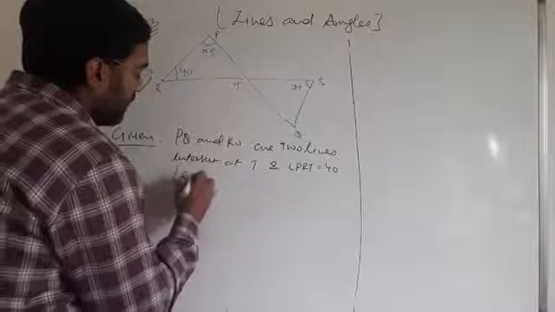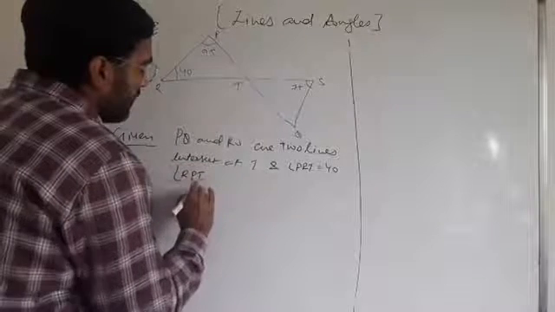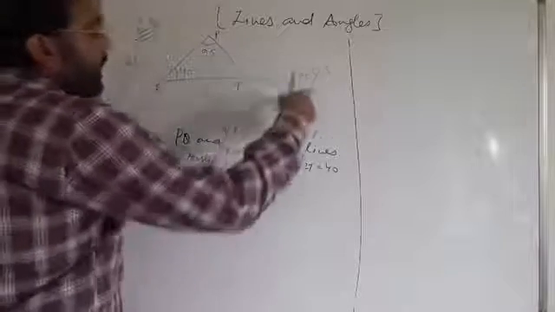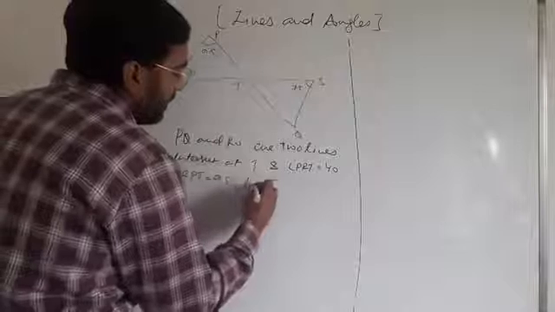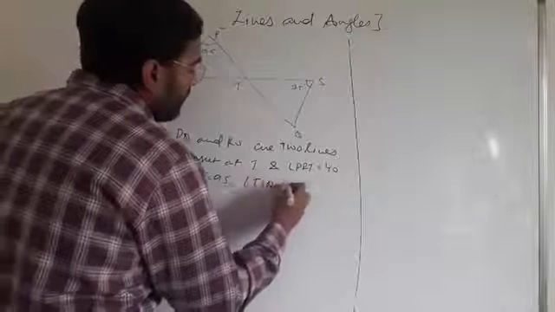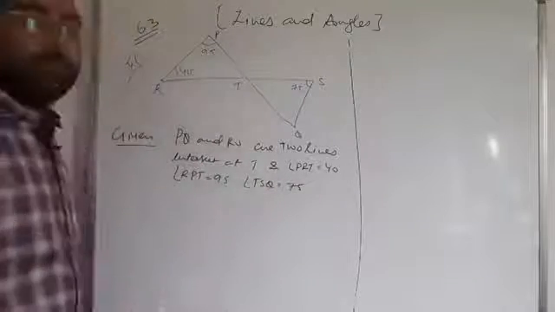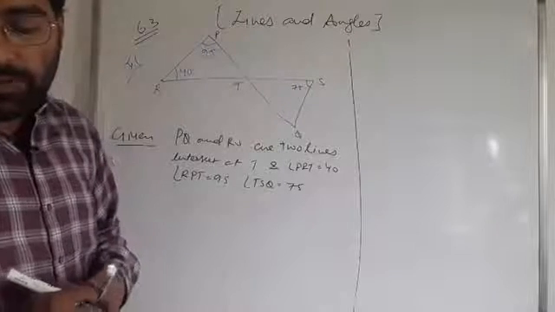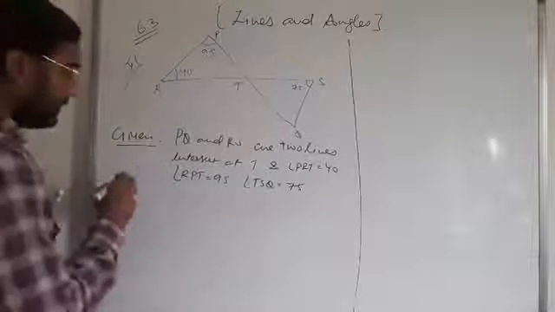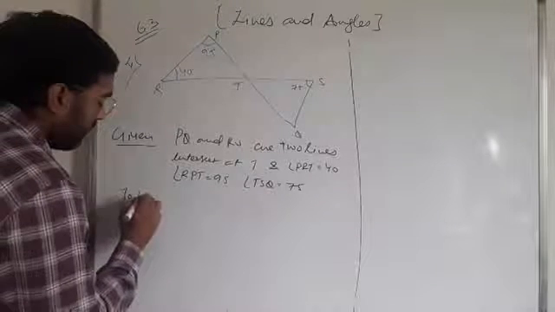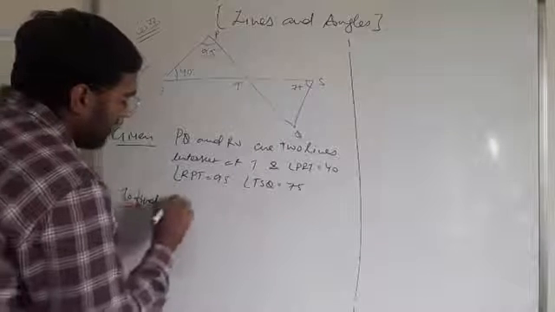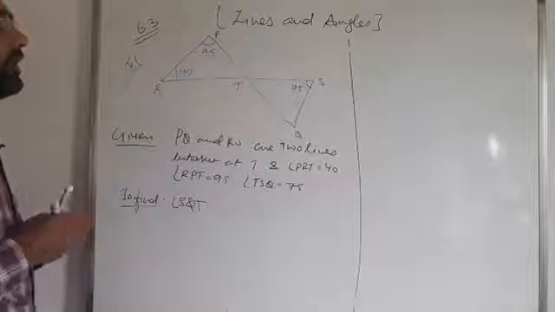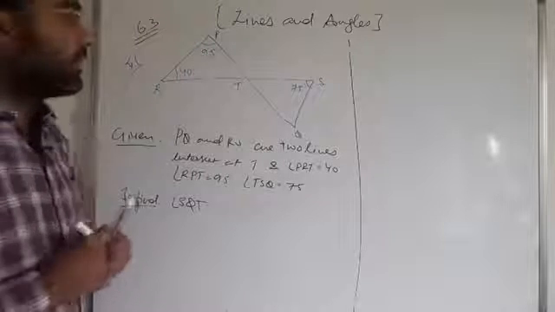Angle RPT is equal to 95 degrees, and angle TSQ is equal to 75 degrees. To find angle SQT. Clear?